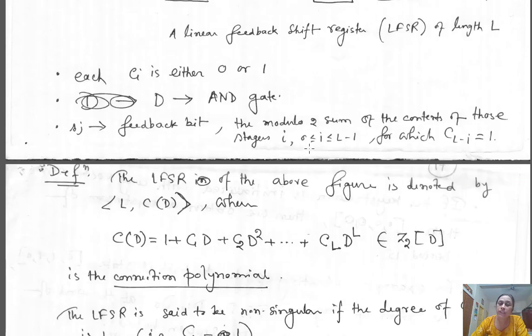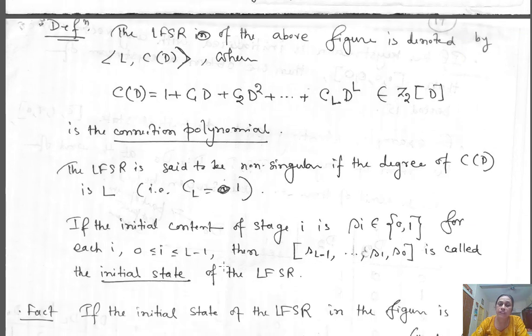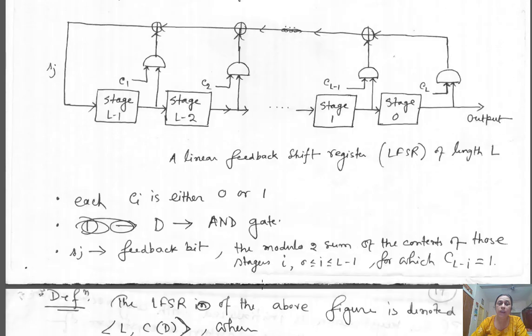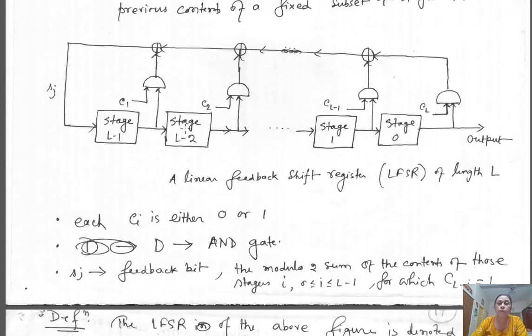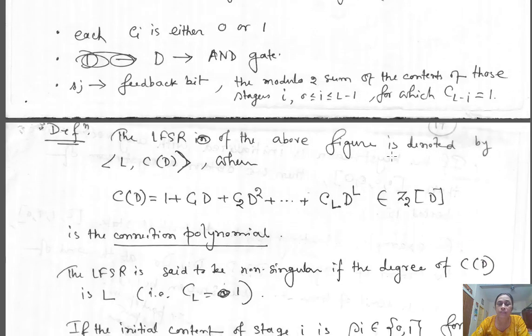So if the initial content of stage i is Si, which is either 0 or 1 for each i lying between 0 and L minus 1, then S(L minus 1), S(L minus 2), ..., S1, S0 is called the initial state of the LFSR. So initially it holds S(L minus 1), it holds S(L minus 2), this holds S1, this one holds S0. So this is called the initial state of the LFSR.